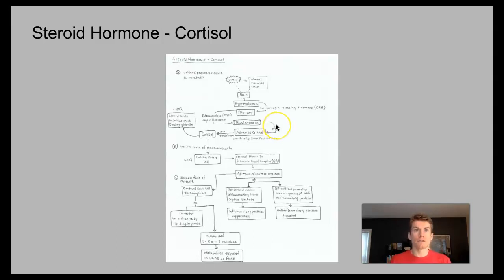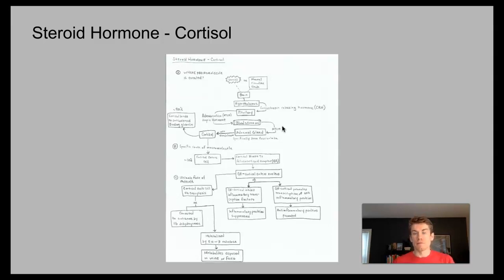All right. After the synthesis of cortisol, it will enter the bloodstream from the adrenal gland. Once in the bloodstream, about 90% of the cortisol created will actually bind to something called the corticosteroid binding globulins.